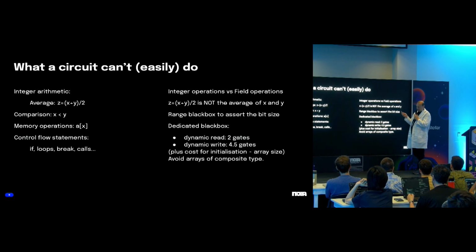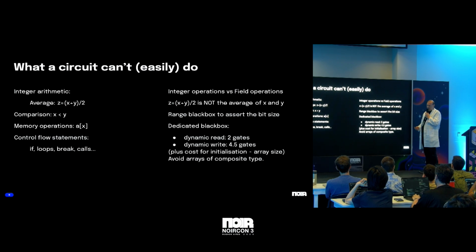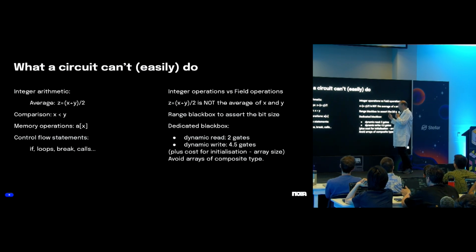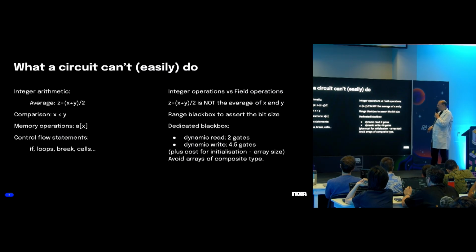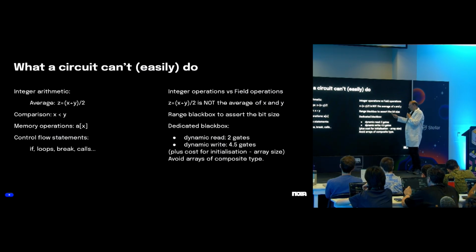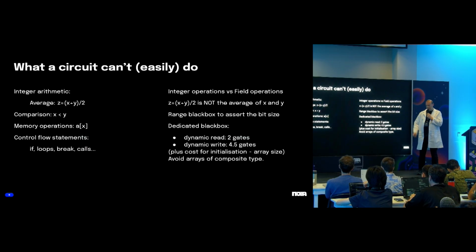It's a very, very well-known cryptographic primitive. So range checks allow you to assert the bit size of a number. So in case of comparison, you would need to do 2 range checks and a few arithmetic operations. So what you need to remember is that a range check costs between 1 and 10 gates, depending on the bit size.